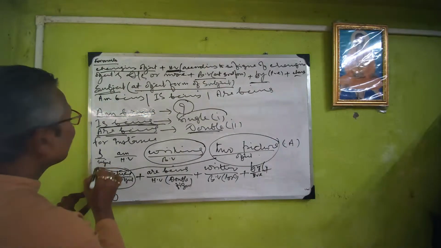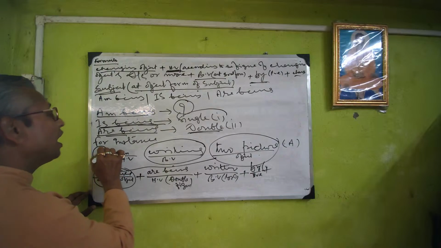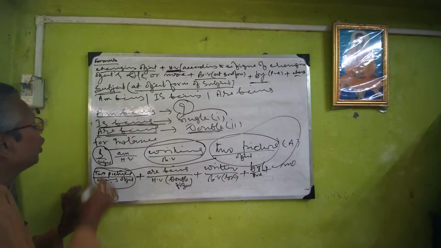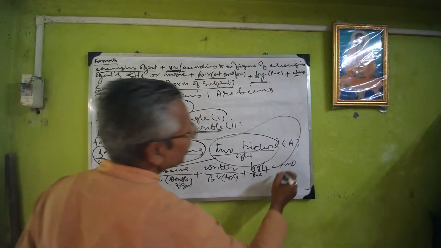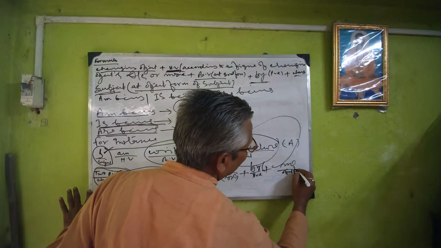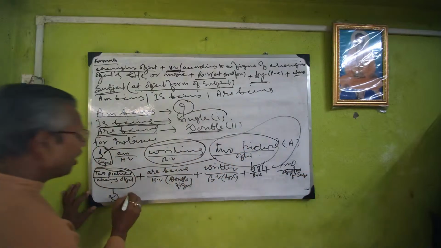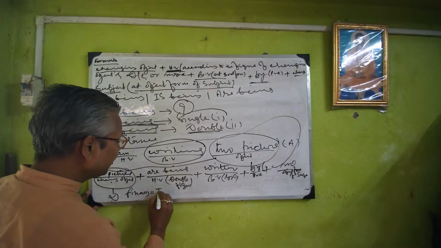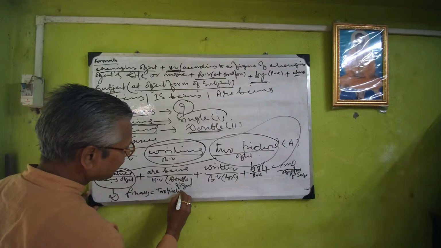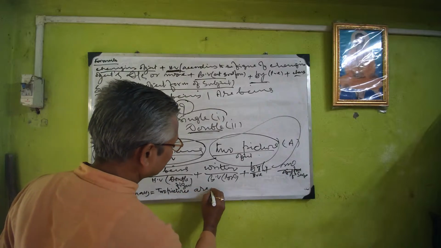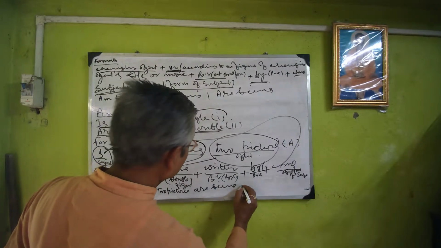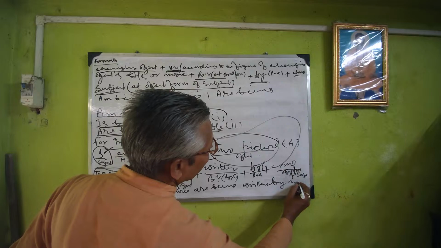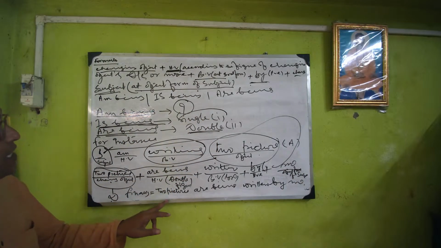Here, the object form of I is me. Finally, two pictures are being written by me.